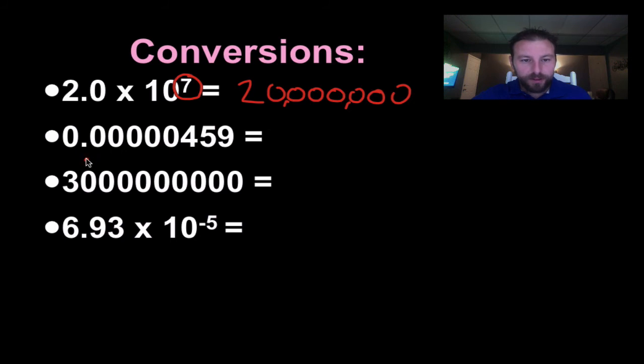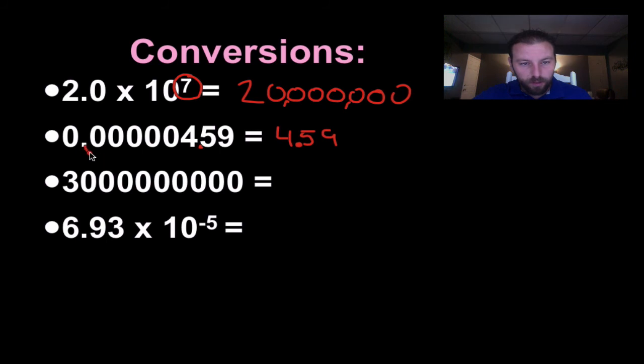Here we have something a little bit different. Notice we have a small number. So we have 4.59. Normally the decimal place is right here, and we have to figure out how many places we have to move it.